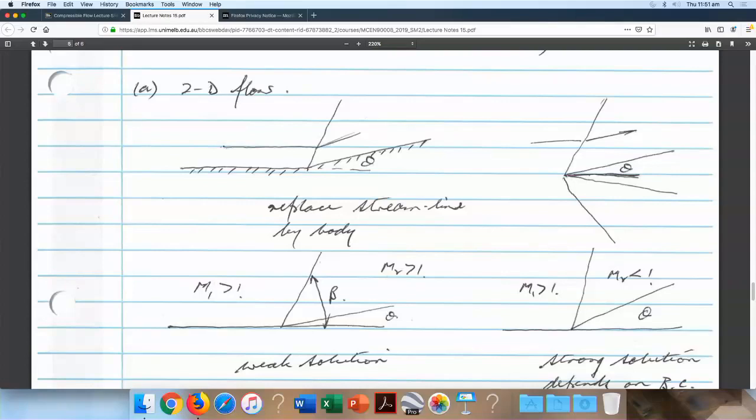It's subsonic. Yes? When we have supersonic flow going into it, that's the overall supersonic flow, but does the normal component also have to be supersonic? No, the normal component is always subsonic after the shock. The normal component is always supersonic before the shock.